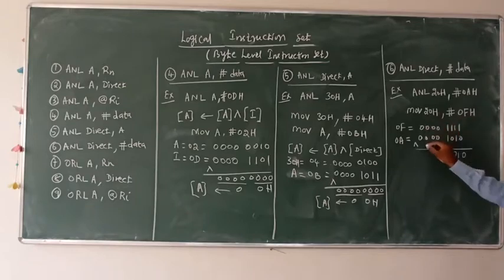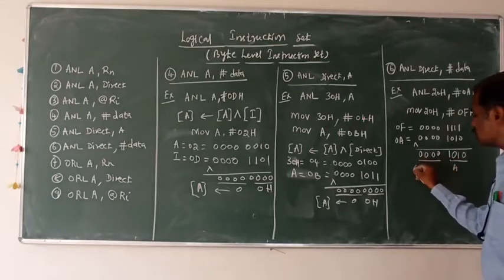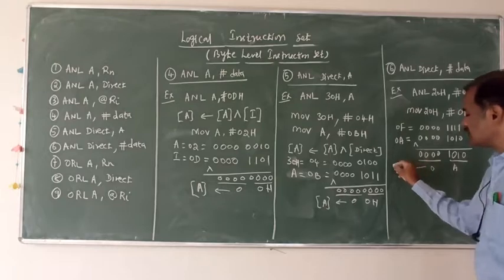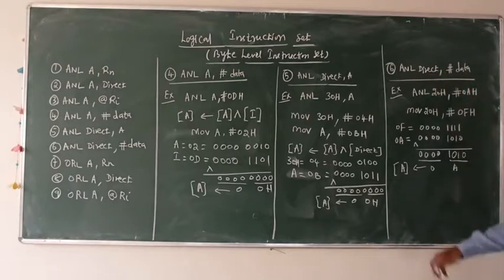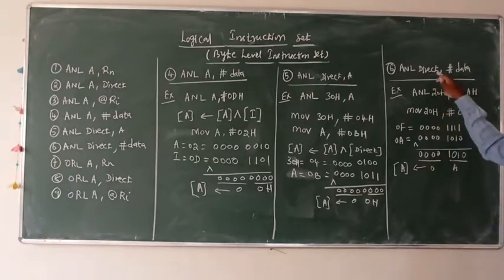Here all the 4 inputs are low, so the output is low, and the result is 0A. This result moves to the A register itself. This is the operation of logically ANDing direct memory address location data with immediately given 8-bit data.